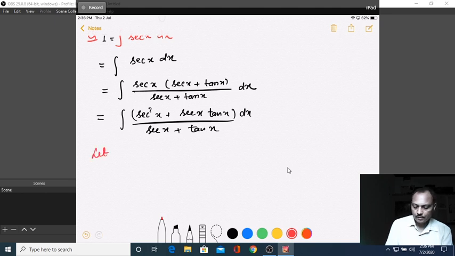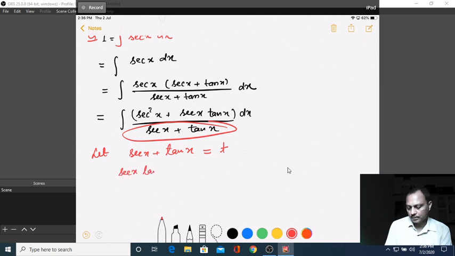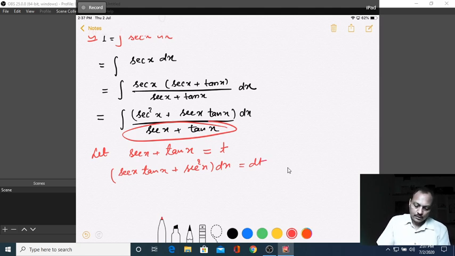Now let sec x plus tan x, which is given in the denominator, be t. Then the derivative of sec x is sec x into tan x, and the derivative of tan x is sec square x dx, which equals dt. Now you can see the whole quantity sec x tan x plus sec square x dx is given in the numerator.